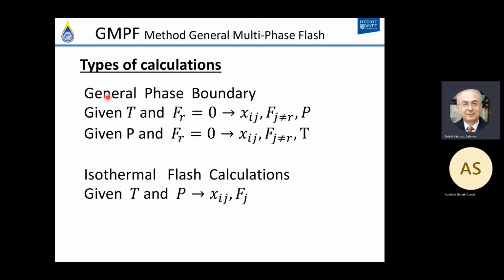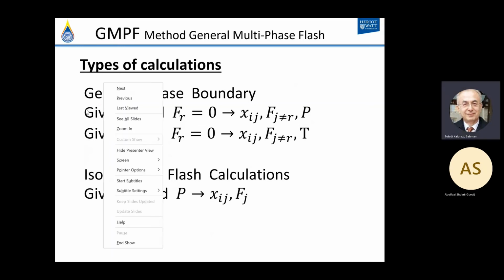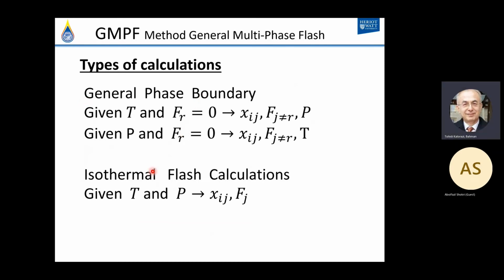So basically, we are determining the hydrate phase boundary. The hydrate phase boundary is the point where the hydrate amount is 0, but it is just about to form. Okay? The other option is flash calculation. In a flash calculation, we give temperature and pressure and find the composition in different phases and the number of phases. So these are the two types of calculation we can do.